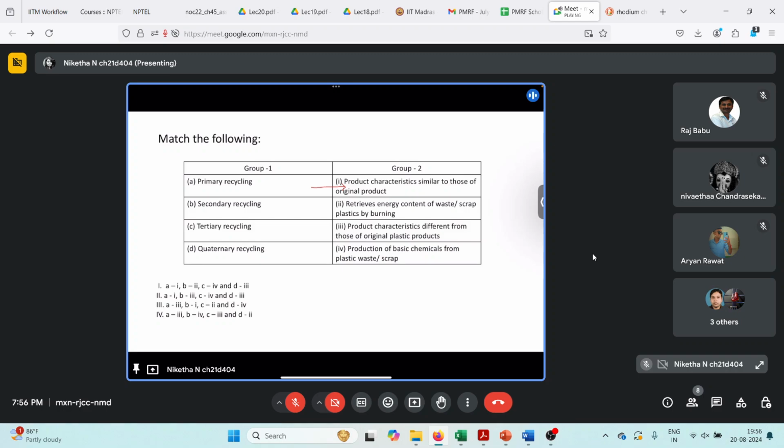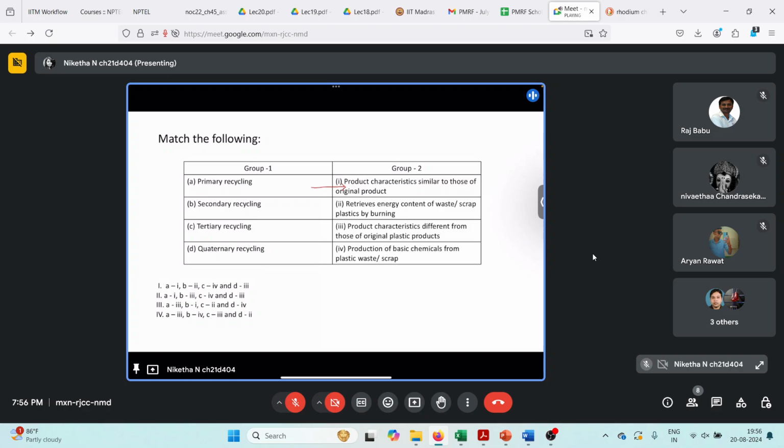So it means the characteristics are similar, but the usage is different. So instead of a box, maybe you have something like a plank, or maybe you have a frame. Still the characteristics are the same, but slightly it is different.